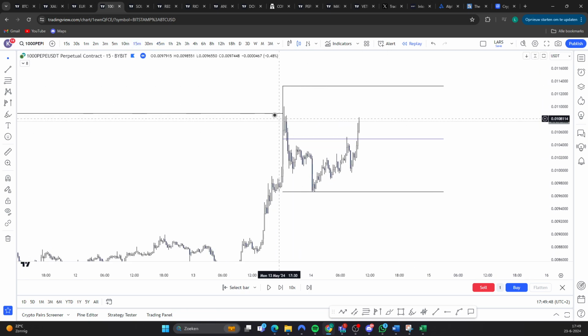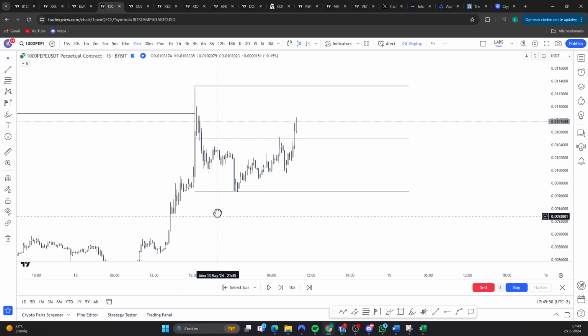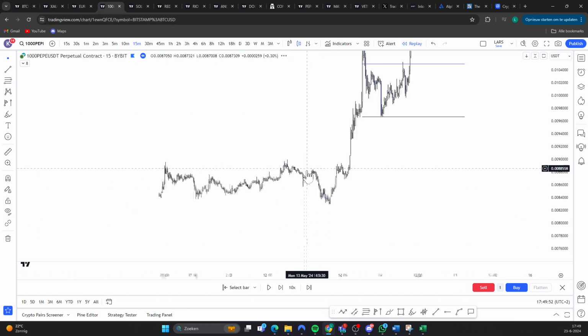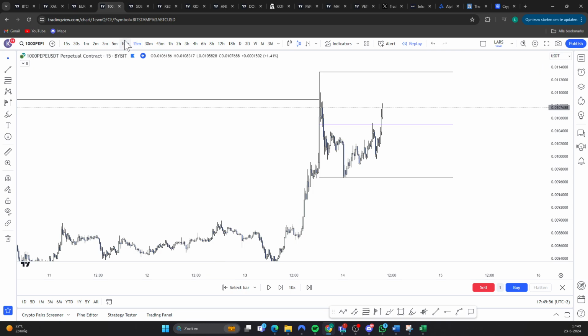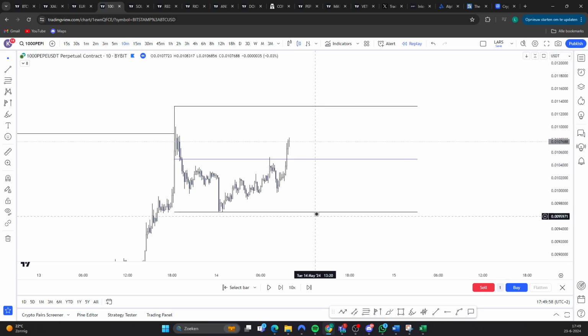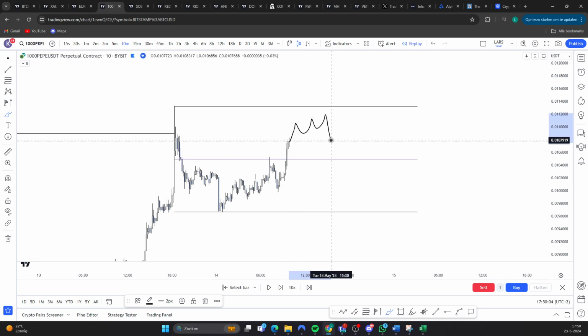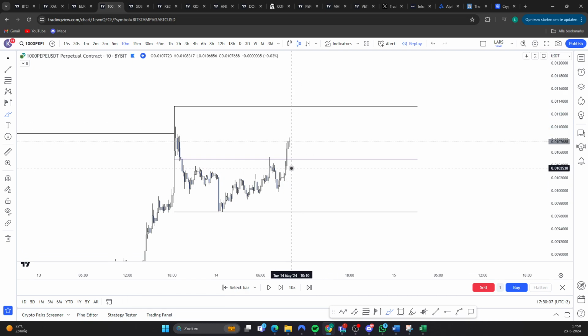So we just wicked the high of a massive range, and of course after an aggressive expansion away, we start another range. So immediately I'm looking for multiple trades: range high, range low, or if we form our own little range in here with a distribution, I will trade it.